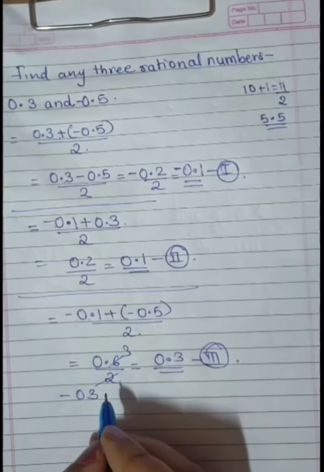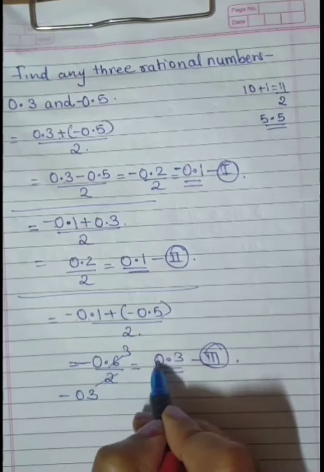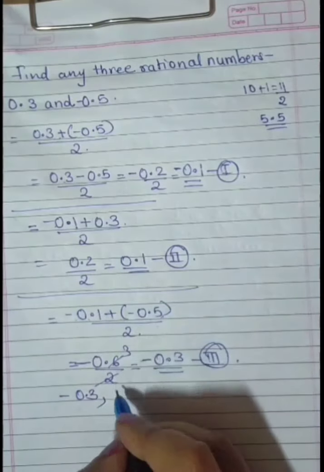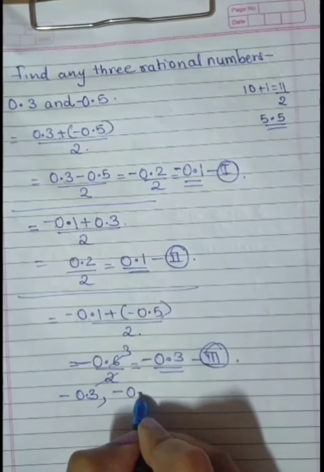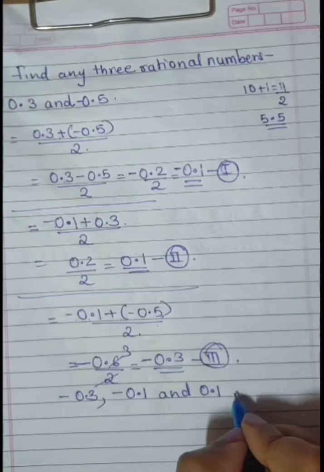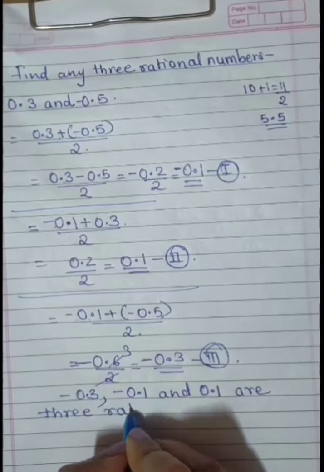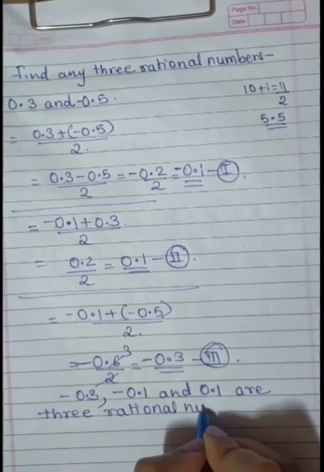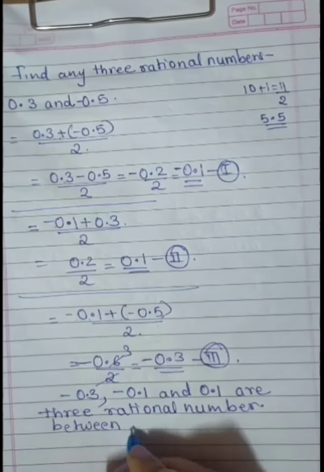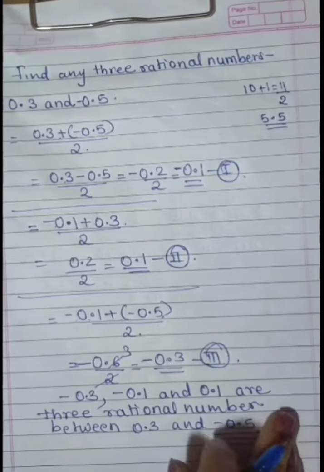Here also the minus sign will come because the bigger number is minus, so minus 0.3, minus 0.1 and 0.1 are 3 rational numbers between 0.3 and minus 0.5.